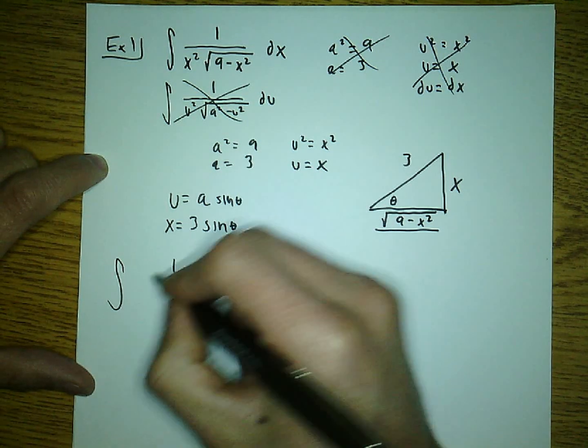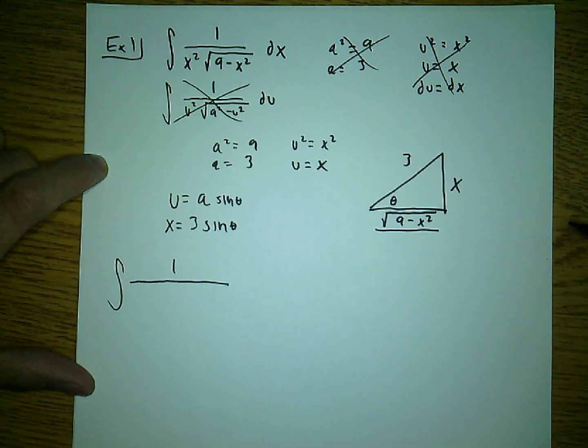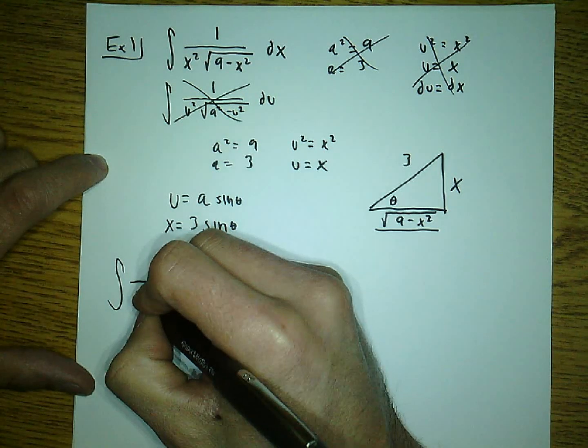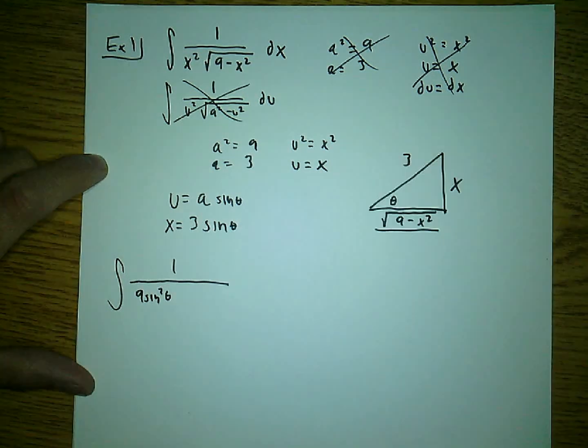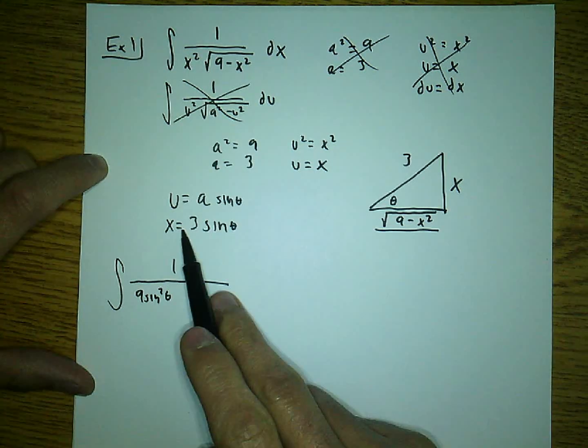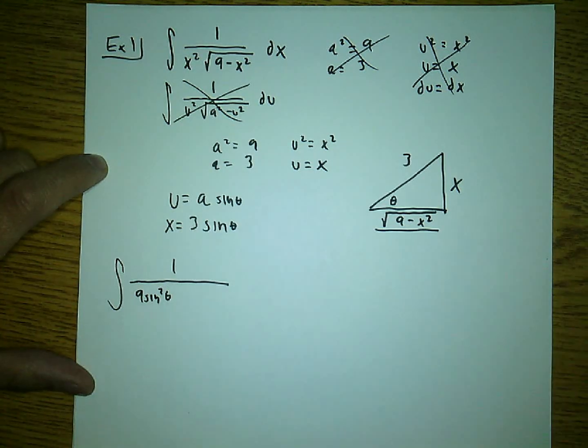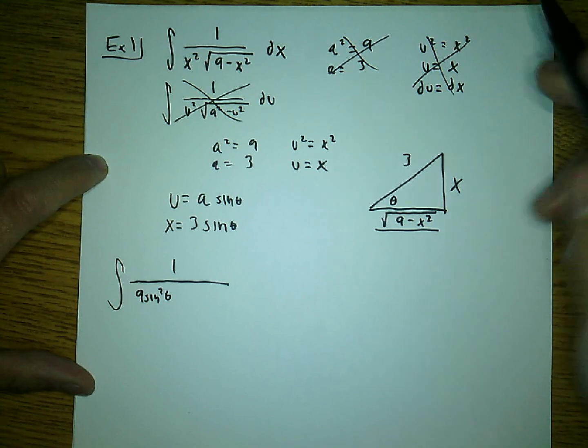Do you guys understand why? Did I lose anyone how x squared became, in this case, 9 sine squared? We okay?